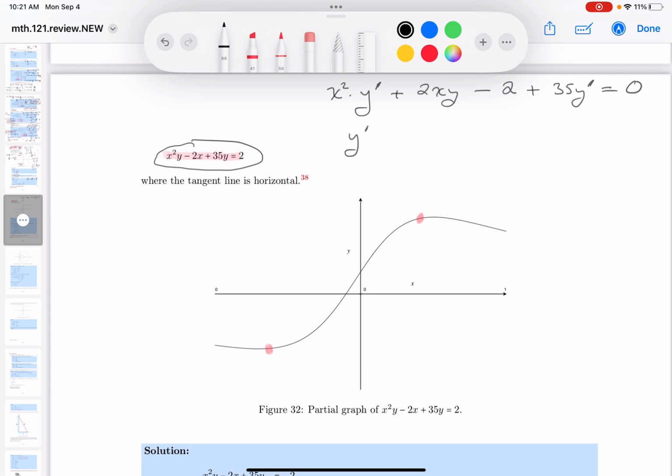So I get y prime times x squared plus 35. And then I'm going to add 2 to both sides and subtract 2xy. All right, I'm now going to divide through by the coefficient on y prime, and I get 2 minus 2xy over x squared plus 35.